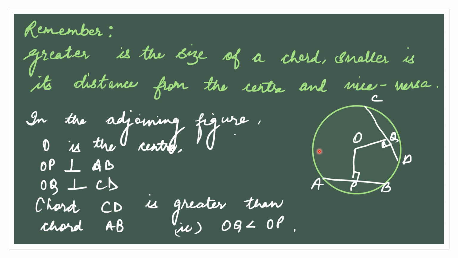But if a chord is drawn like this, it will be nearer to the center. That is what this point says: when a chord is bigger, its distance from the center is smaller, and when a chord is smaller, its distance is farther from the center.